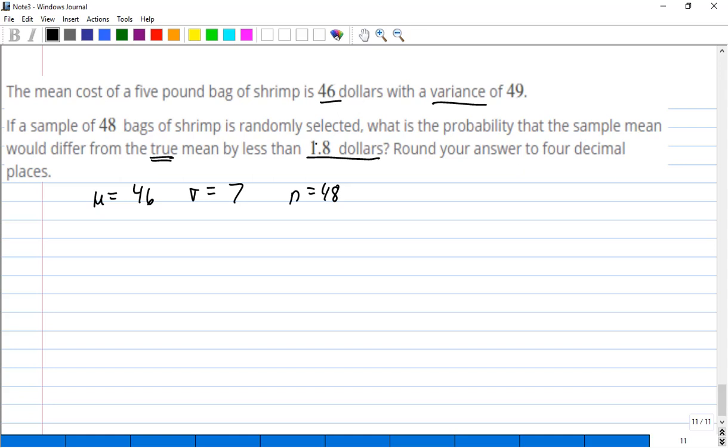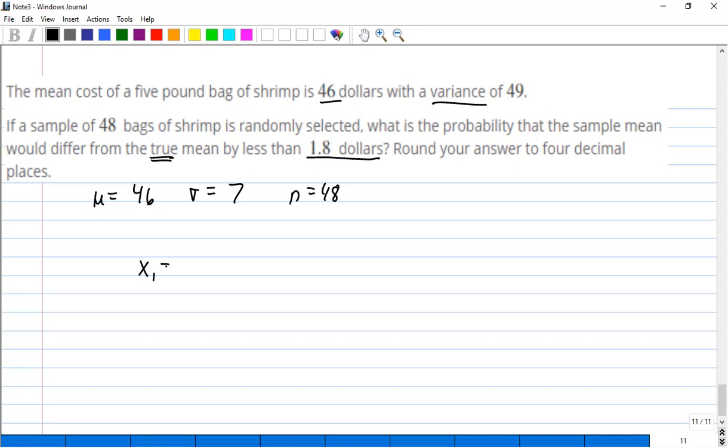So to differ by less than $1.8, that would mean $1.8 above or $1.8 below. That's not a question, that's a fact. Okay, so to find my x values, I need to add $1.8 to that.